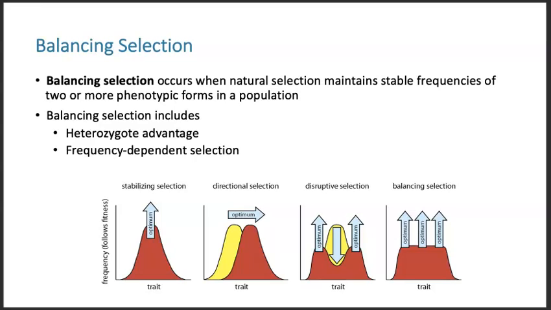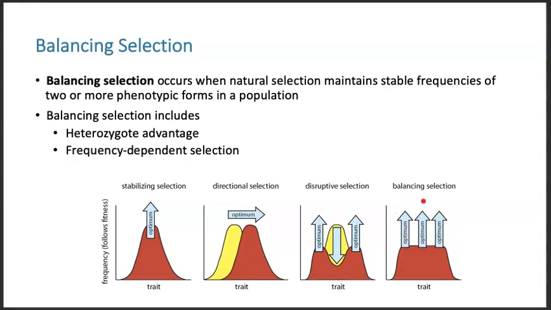Also, we just talked about the three main modes of selection, right? Stabilizing, directional, and disruptive. But there is something else called balancing selection. And with balancing selection, it turns out that maybe everybody does well in the population, depending on what the environment is and what they look like.